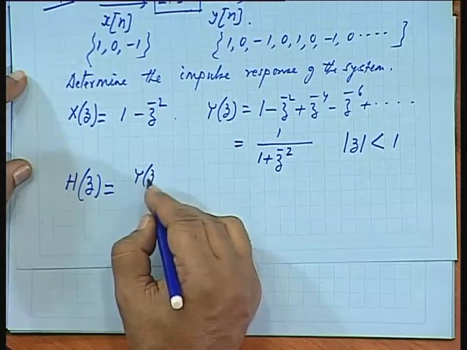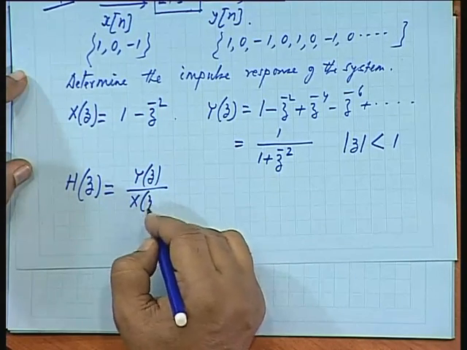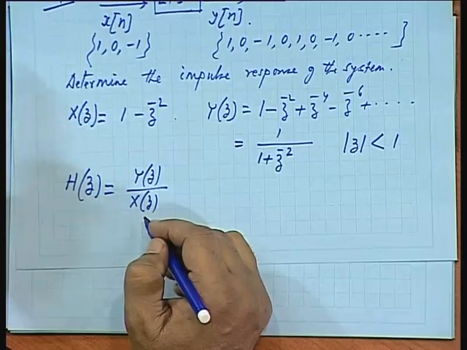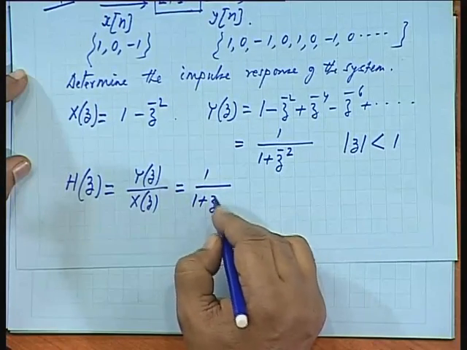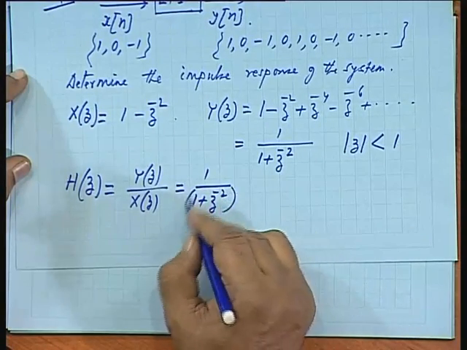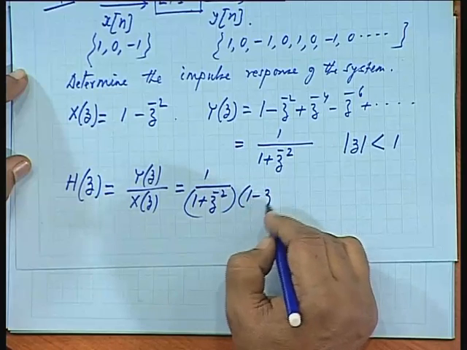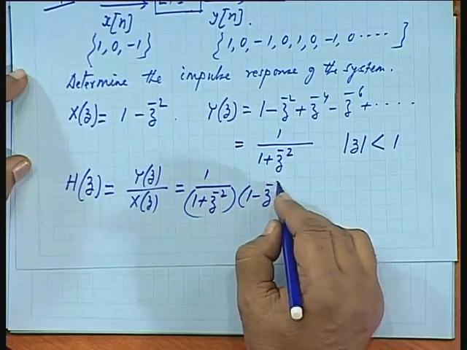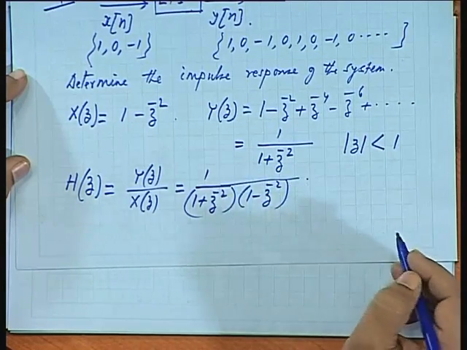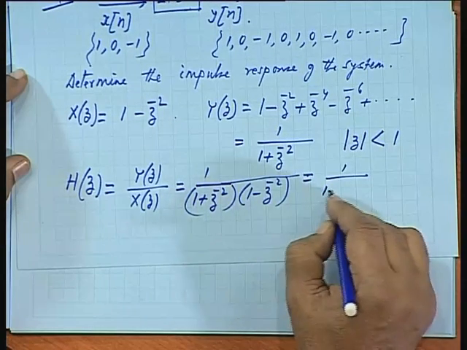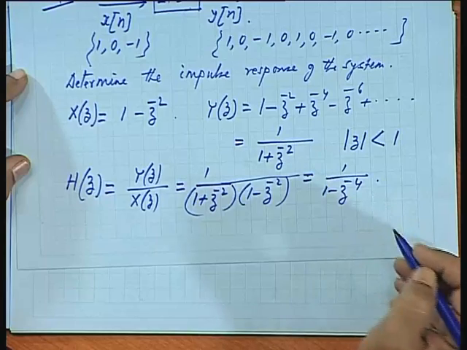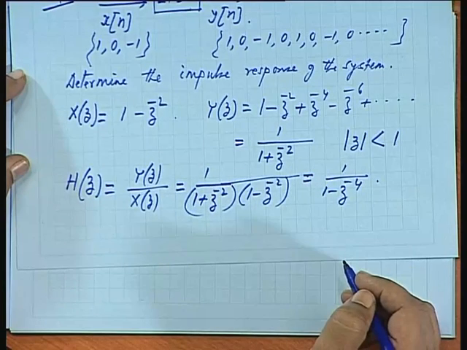Y(z) by X(z). One plus z to the power minus 2 into 1 minus z to the power minus 2. That will be 1 minus z to the power minus 4.